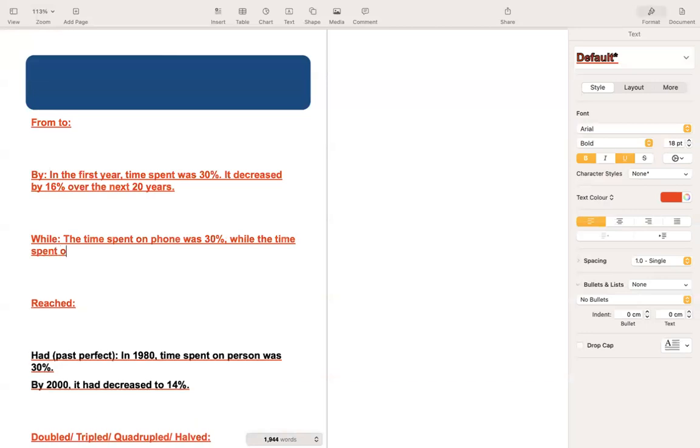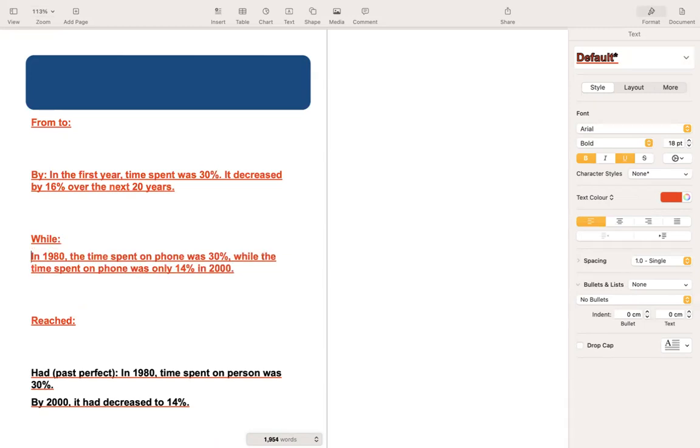It's only going to be on phone, otherwise it's a different sentence. But you have to write one more sentence before this. Which sentence? No, you have to write one more sentence before this.